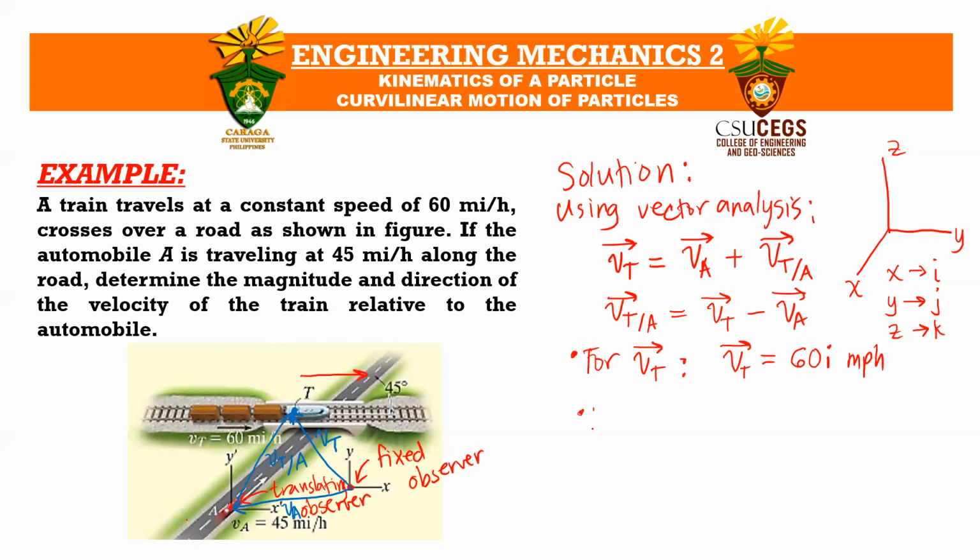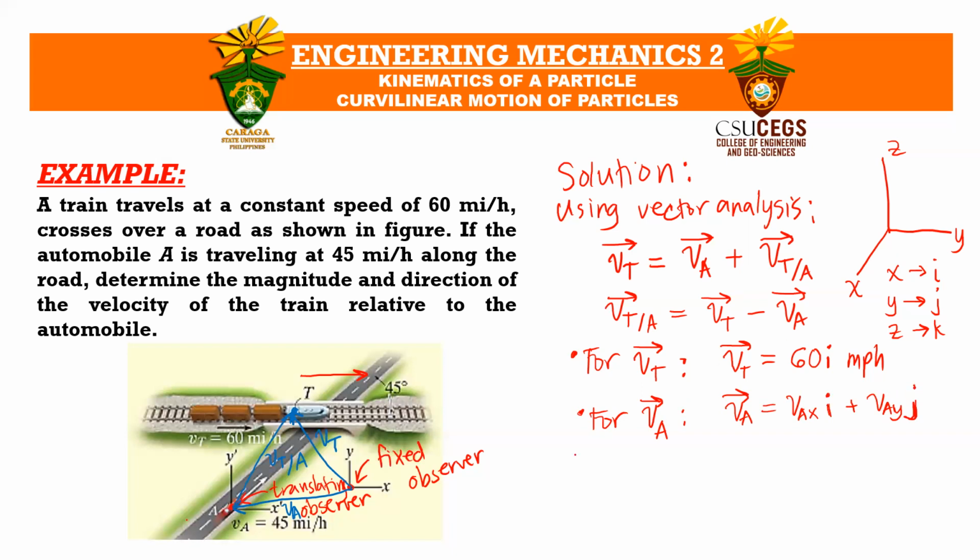Now for the velocity vector of the automobile, that would be equal to the x component plus the y component.